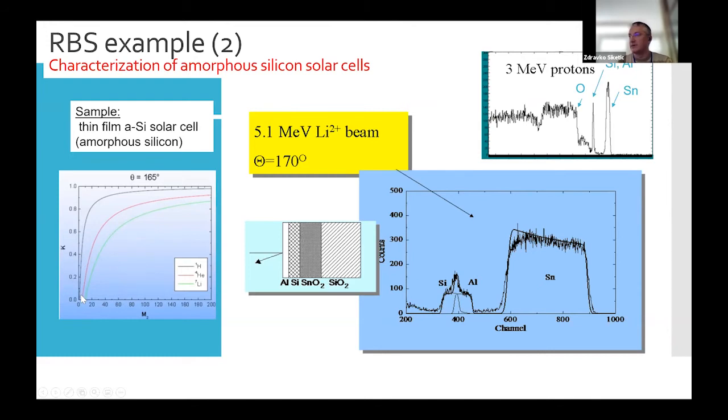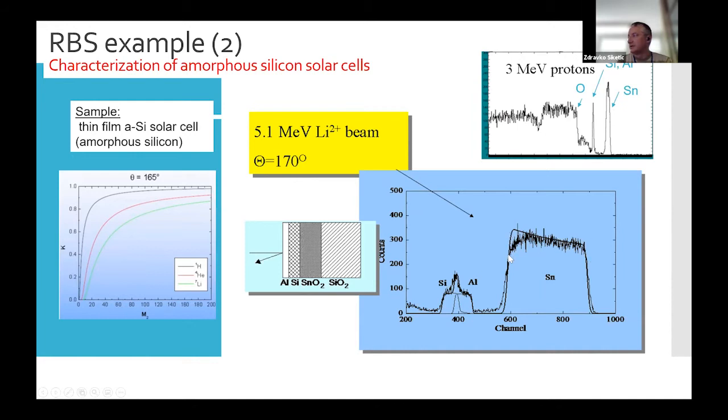So if you want to have a better mass resolution, then you need to choose a heavier ion. And what we decided to use here is a lithium beam, 5 MeV. And this is how the spectra look. It's different now.